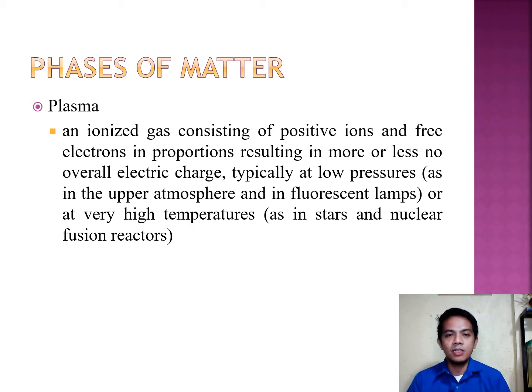But here in chemistry, we define plasma as a state of matter consisting of free charged particles. Examples of these are fluorescent lights, nuclear fireball, lightning, solar wind, and the northern and southern lights.